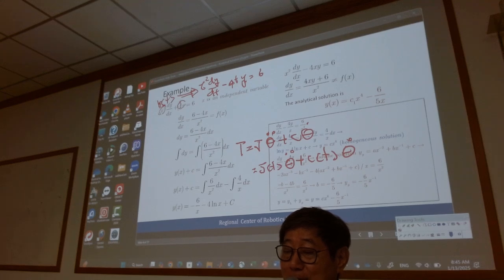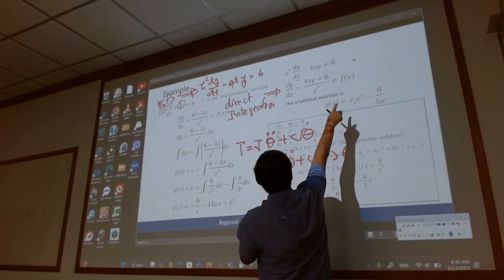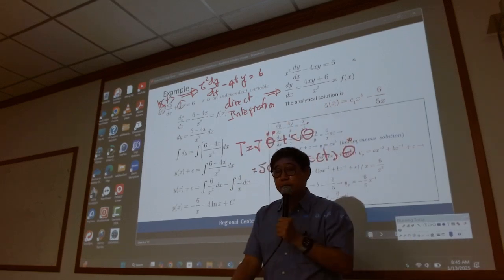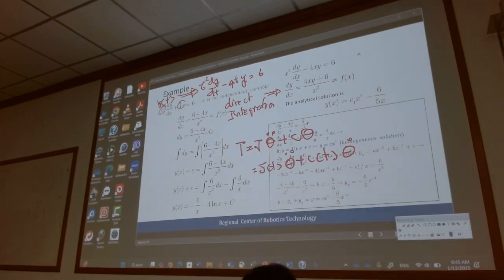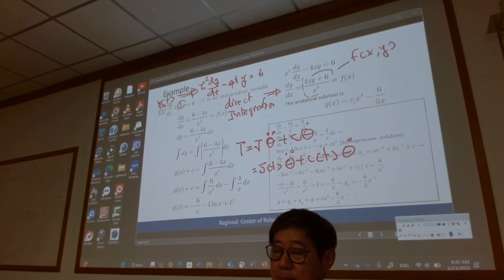Look at this one. If you try to make direct integration, we try to use direct integration. This one is not direct integration because of f(x) over there. This is a function. If you write this one in terms of a function, it should be a function of x and y, right?